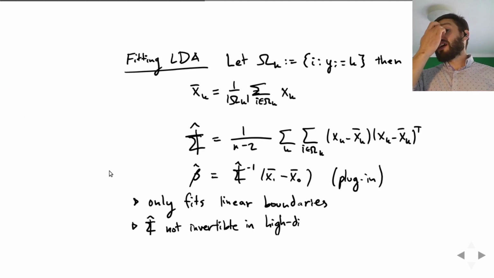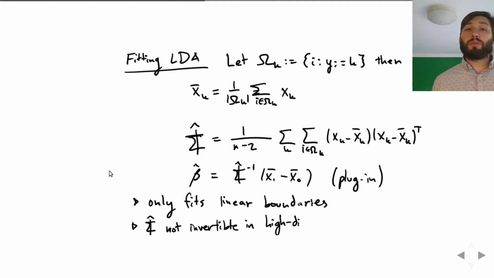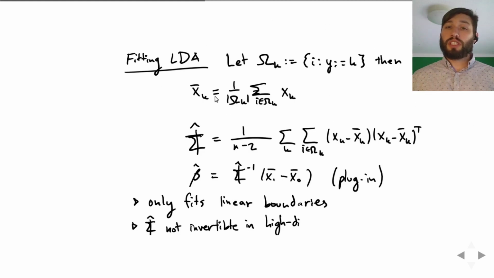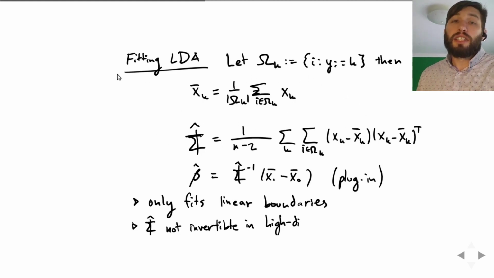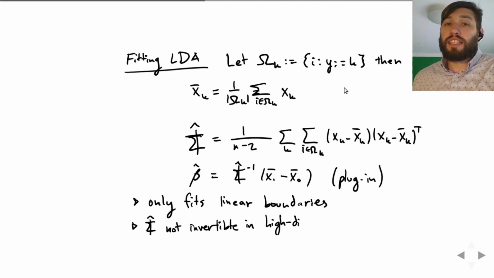Okay. So how do we fit LDA? What we do in this case is just use the maximum likelihood estimates for each of these parameters, and what those maximum likelihood estimates end up being are just the Gaussian MLEs. So these are the empirical mean. We look at each of the x's and we take the mean of those vectors.